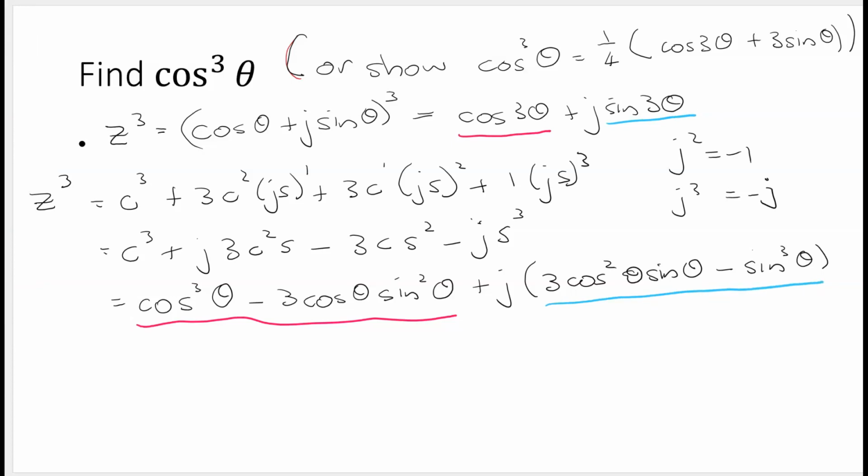So matching up those two bits now, we can say that cos 3 theta must be equal to cos cubed theta minus 3 cos theta sine squared theta. Not quite what we're heading for, not quite what we're hoping for, but if we just remember that sine squared theta is 1 minus cos squared, we're going to be a lot closer.